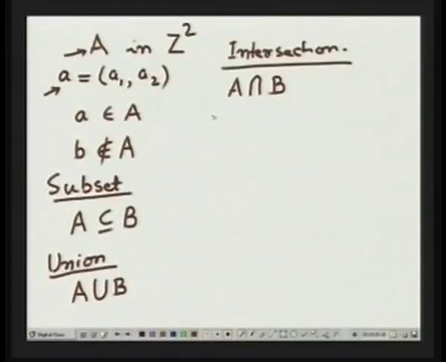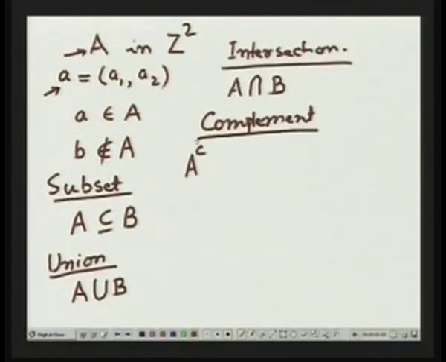Similarly, we can have set complementation. By complementation, what we mean is that the complement of a set capital A is nothing but all the elements b such that b does not belong to set capital A. So, the set of all the elements which are not members of the set A forms the set A complement.